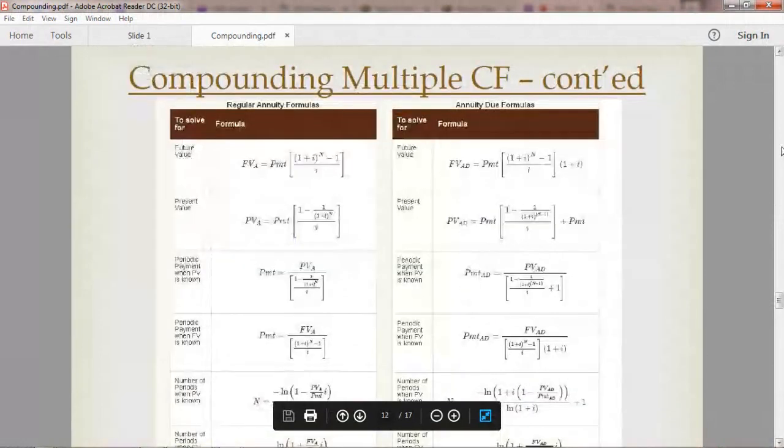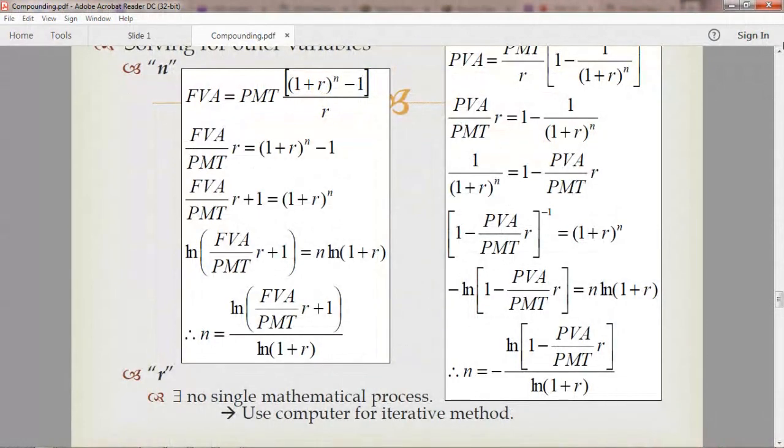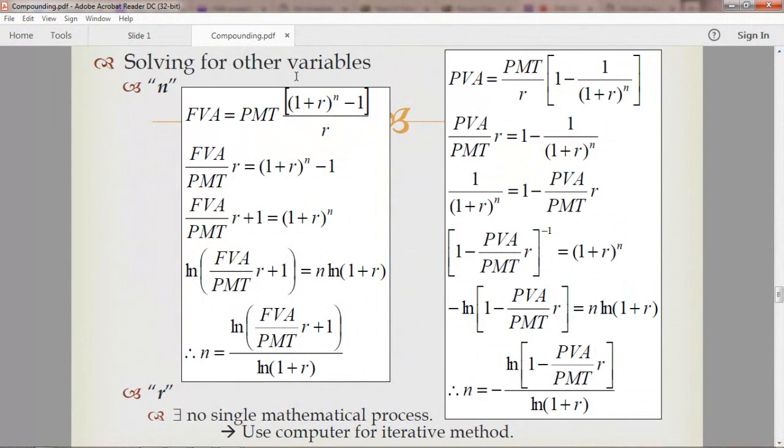It's kind of pushed back here. To find n, this is the formula, okay?